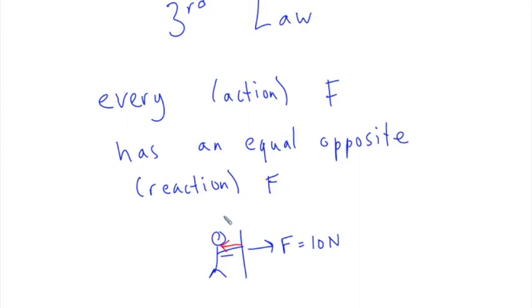That's the opposite part. So the F as a reaction force is going to be 10 newtons to the left. This one's to the left, the other one was to the right. So every force has a force that goes in the opposite direction, but has the same magnitude of force, but in the opposite direction.